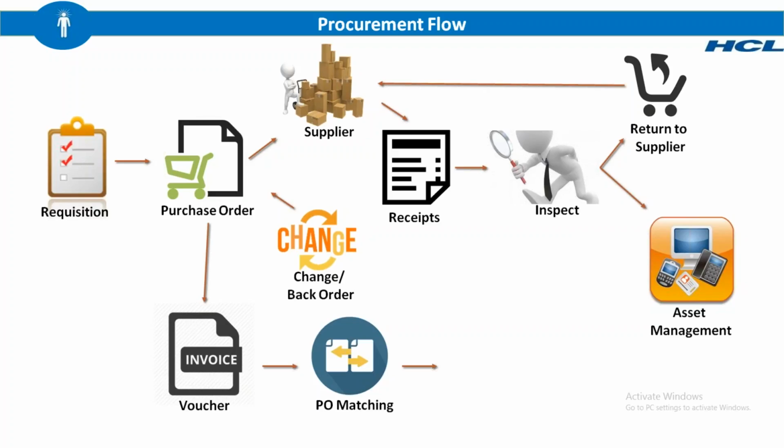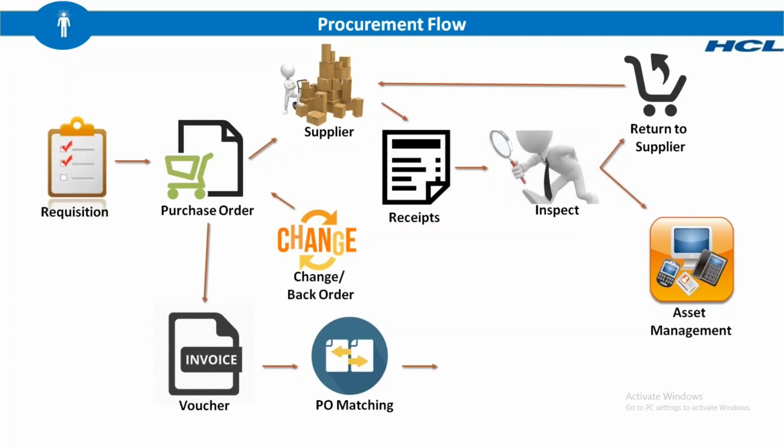The matching process verifies the voucher against your PO, receipt and inspection. Only if the voucher is matched will the system release the payment for that vendor. If it is not matched, we are not going to pay anything to the vendor.